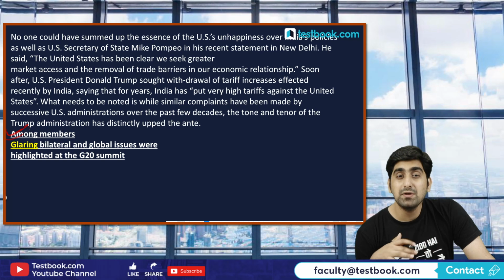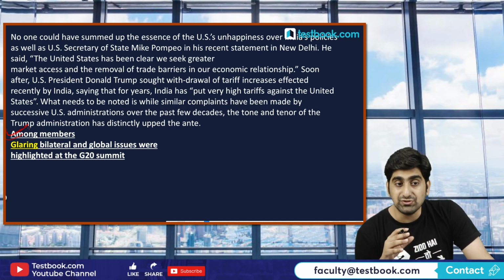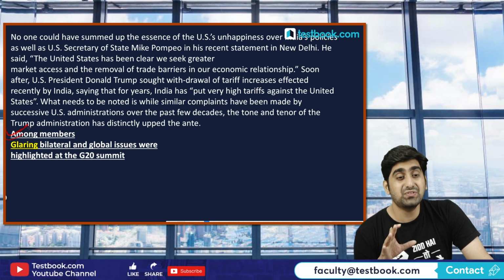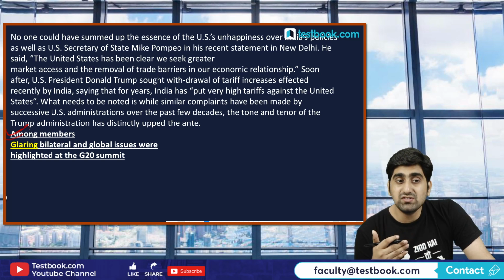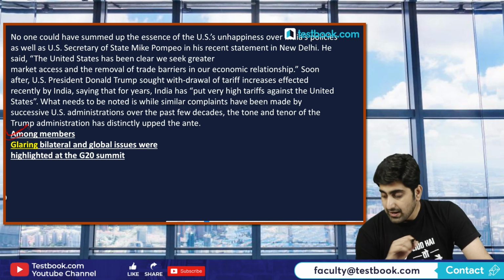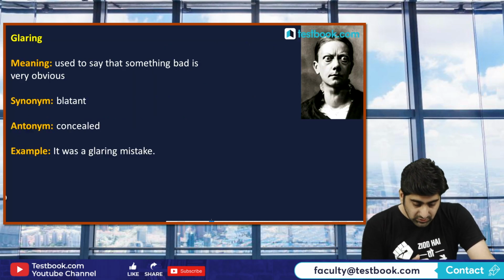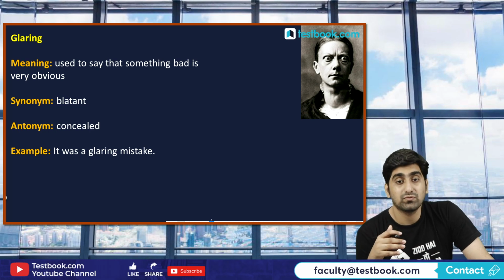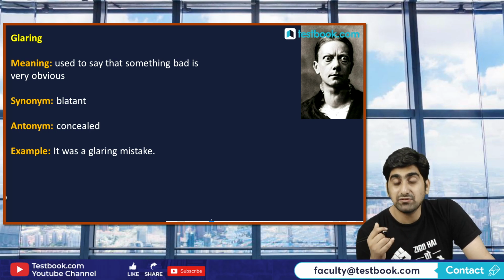So somehow the editorial article is related to the G20 summits. It highlights, with special mention to the members, the glaring bilateral and global issues. If you go through the word glaring here, you can get the meaning.